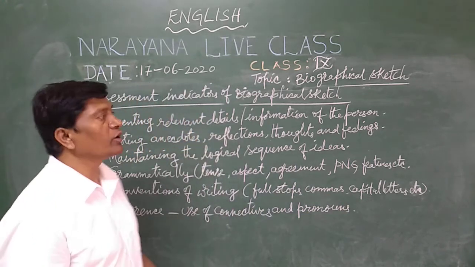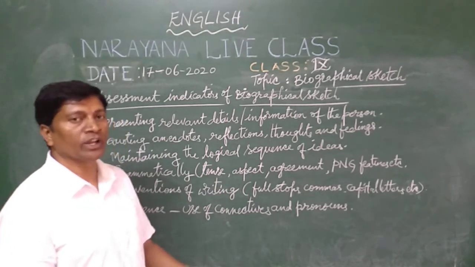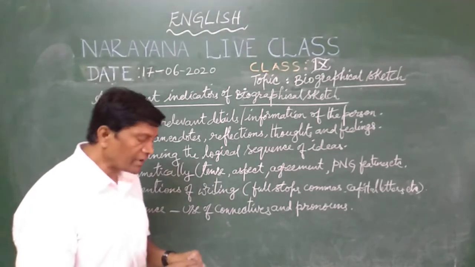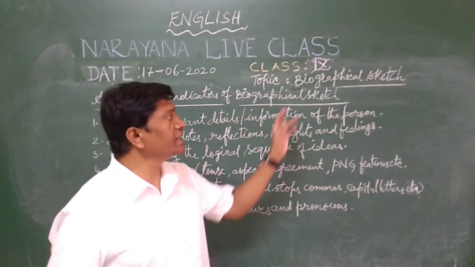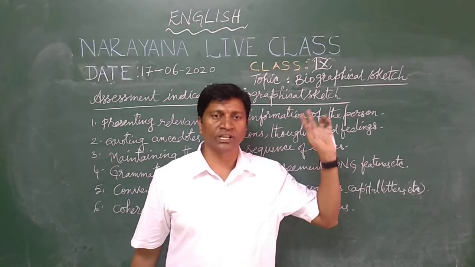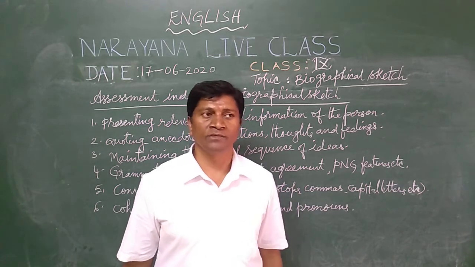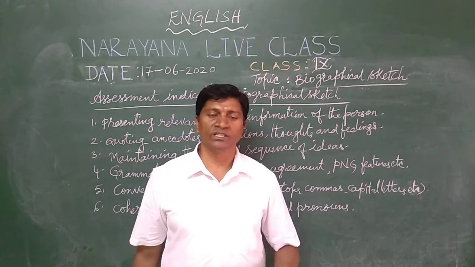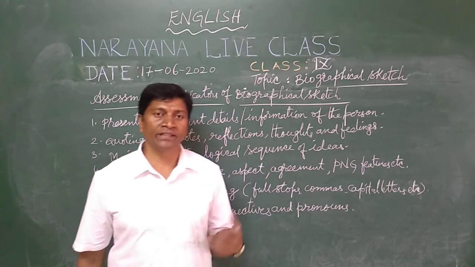Now some assessment indicators are there for writing the biographical sketch. Whenever we write a biographical sketch, an introduction is compulsory. Introduction should be there for the biographical sketch. Suppose you are writing about a world famous cricketer, our Sachin Tendulkar or VVS Lakshman, or any other personality.